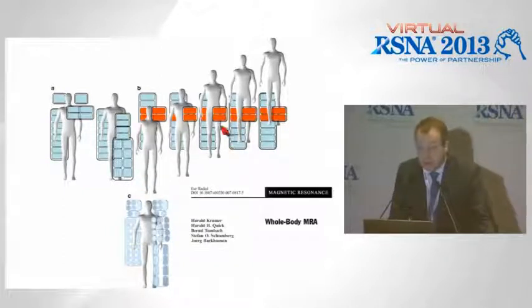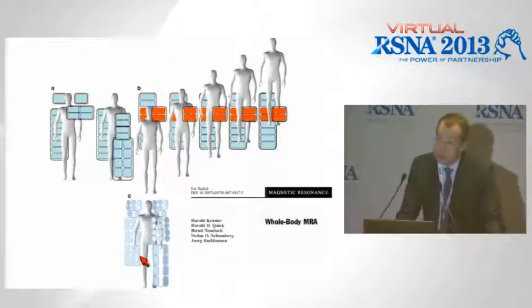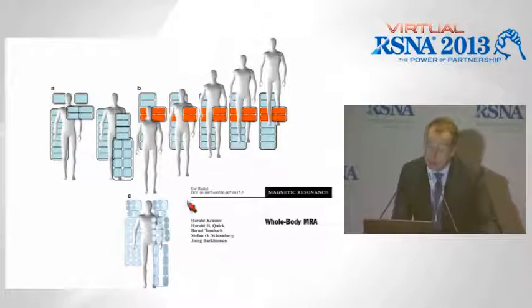Another concept is a rolling table platform where the coil stays static and the patient slides underneath the coil. Or with multi-channel systems with 32 or even more channels, you can use coils evenly distributed over the entire body, which has also been implemented by several vendors.